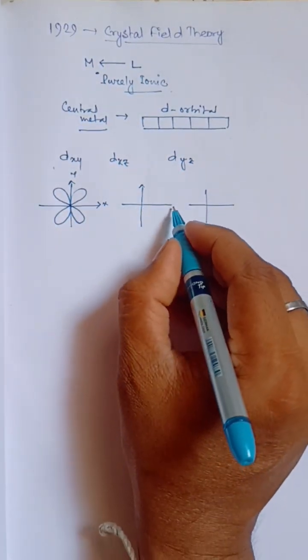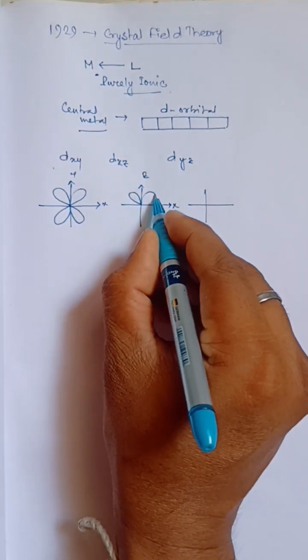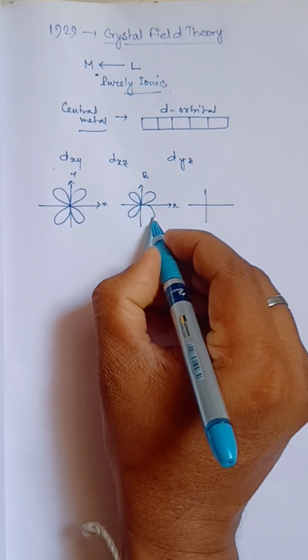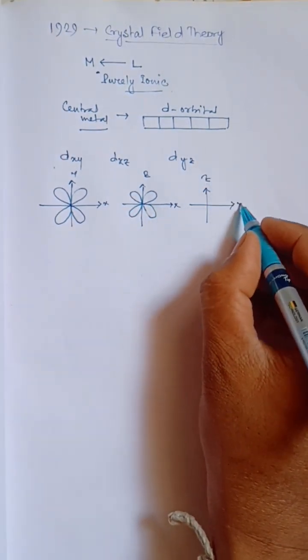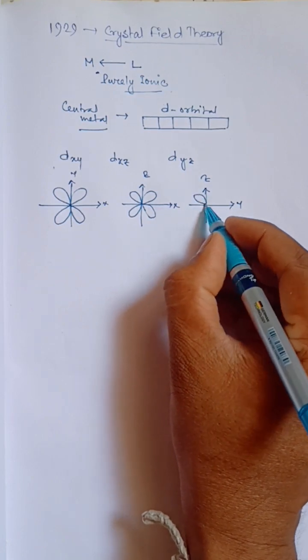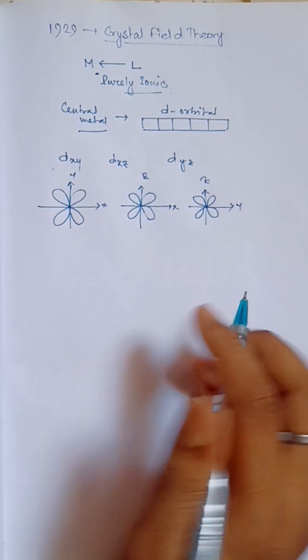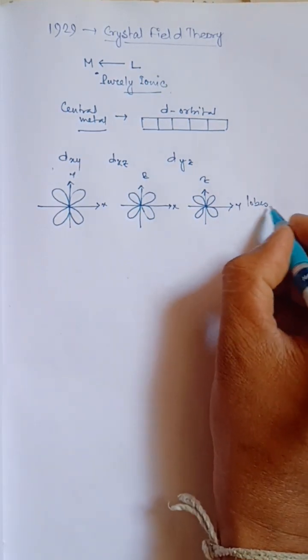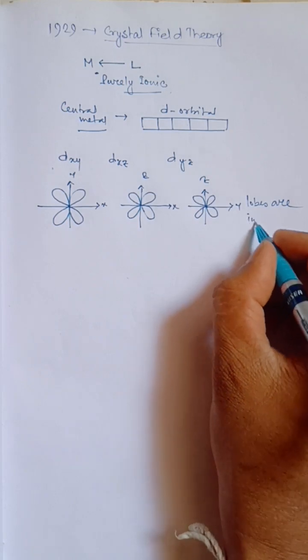Suppose this is x and this is z, same orbital diagram, and this is z and this is y. This is the orbital diagram of dzx. So the lobes are in between axes.